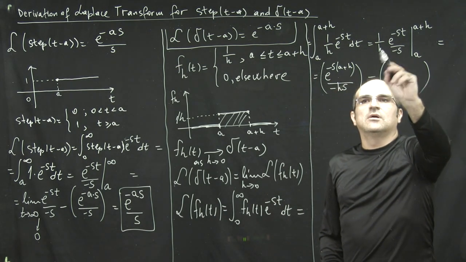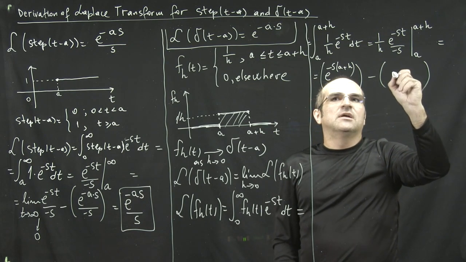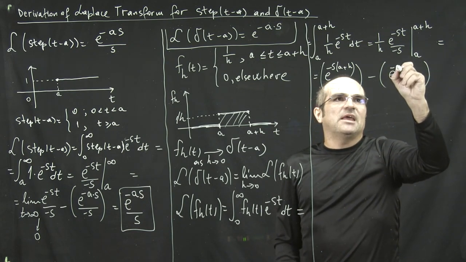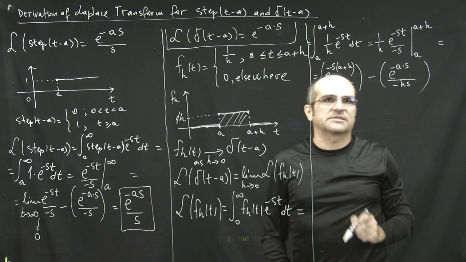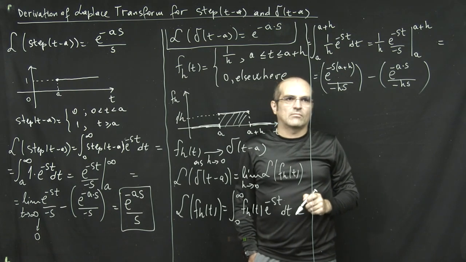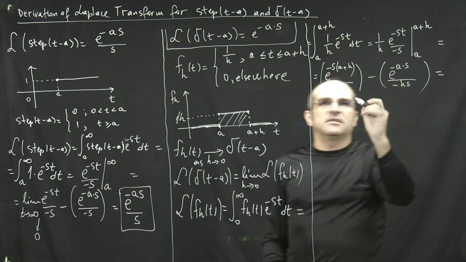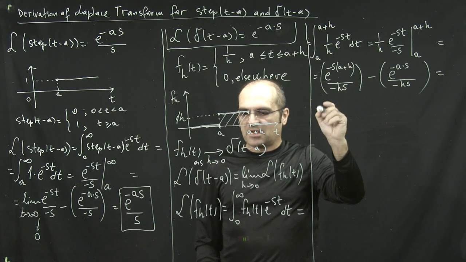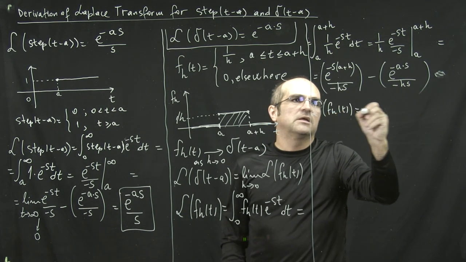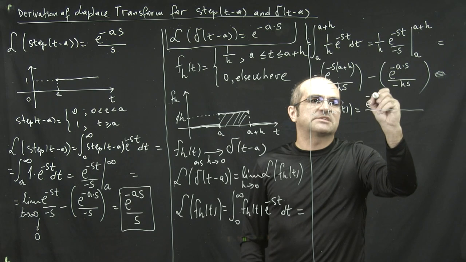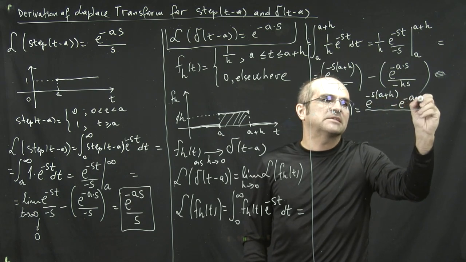So it's minus 1 over hs, e to the minus s times a plus h, minus, on the top now, e to the minus as, because I plug in a for t, divided by minus hs. Okay, so let's see what we have. Let's combine this. We have the same denominator. So the Laplace of fh of t as a fraction is e to the minus s quantity a plus h minus e to the minus as over minus hs.